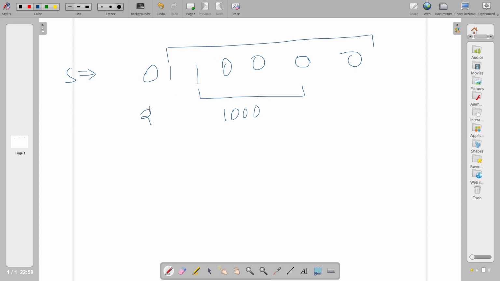There are basically two conditions. The first condition is that the length of each substring should be greater than or equal to n by 2. So if n is 7, then each of the two substrings you pick should have a length greater than or equal to 3, which is 7 by 2.